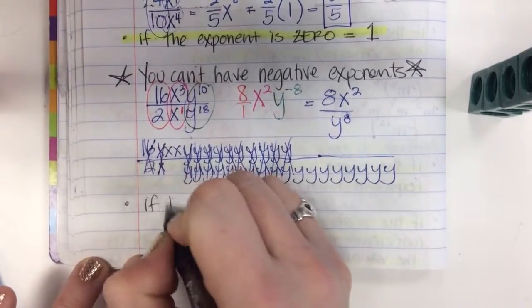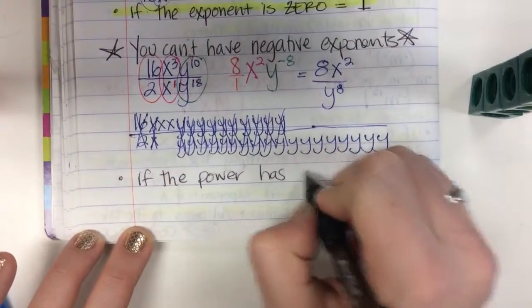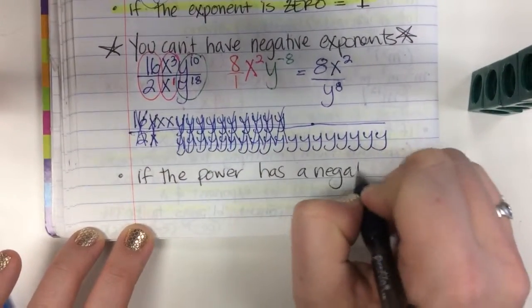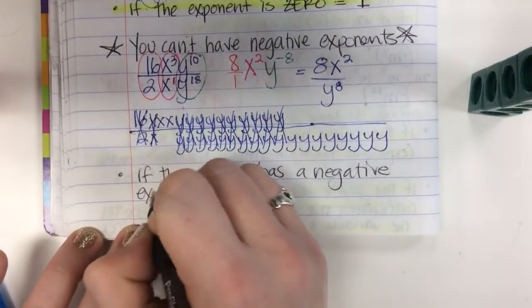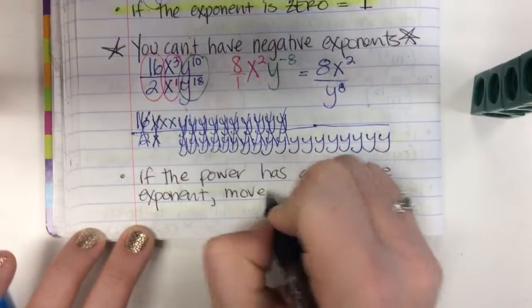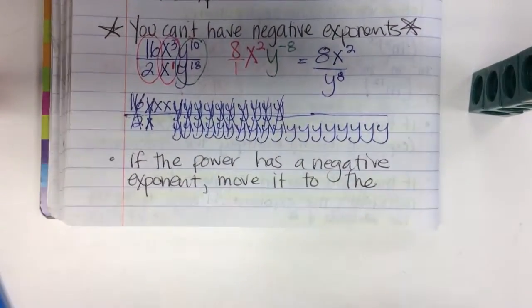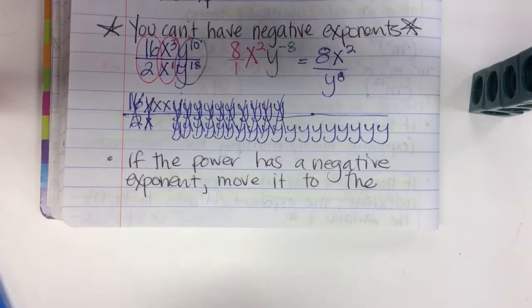So if the power has a negative exponent, move it to the, what's a better word than bottom? Denominator.